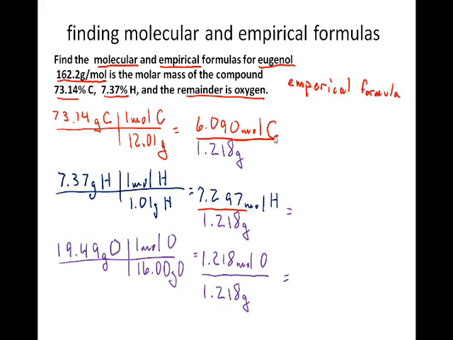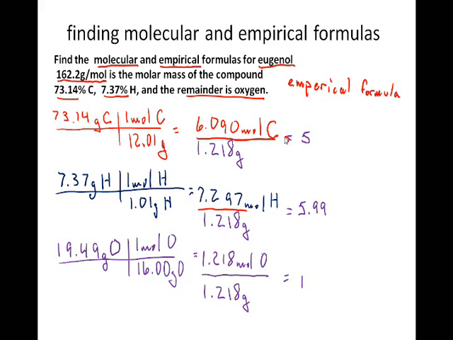So we've divided everything by the smallest. Percent to grams, grams to moles, divide by small, and then we see what we get. If we get something like 1.5, then we have to multiply until there's a whole number. That's why the last line of the poem is multiply till whole.